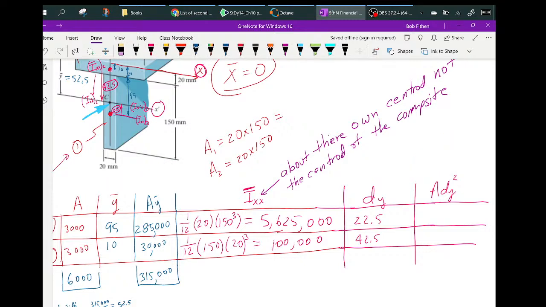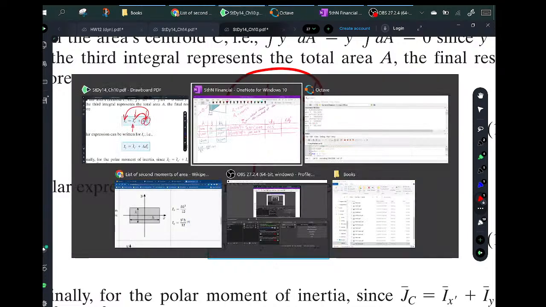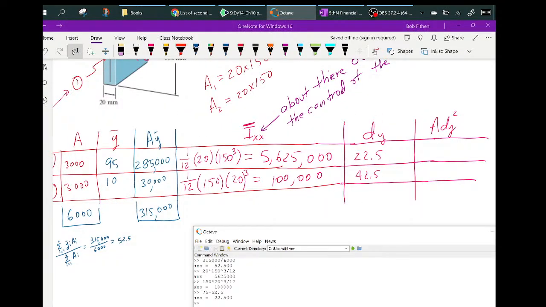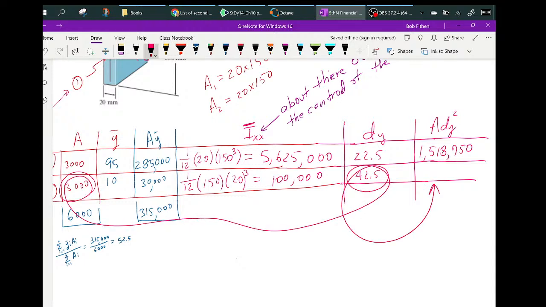So here we go. I'll slide it up. Wrong. Okay, so go over here, take the 3,000, that's the area, times 22.5. We'll square it. Okay, 518,750. Again, I'll do it here. That times that squared goes right there.